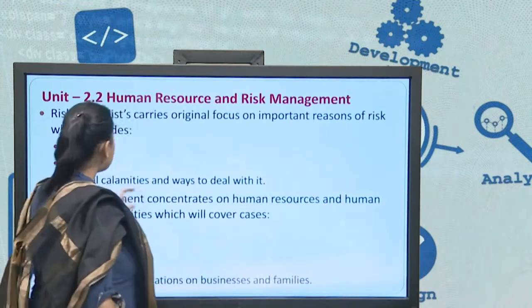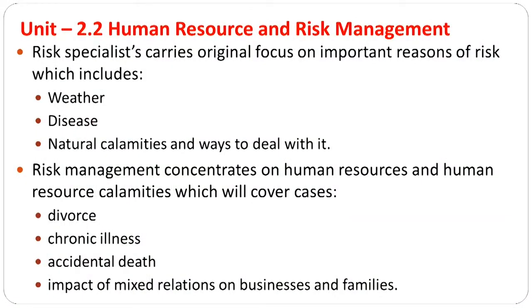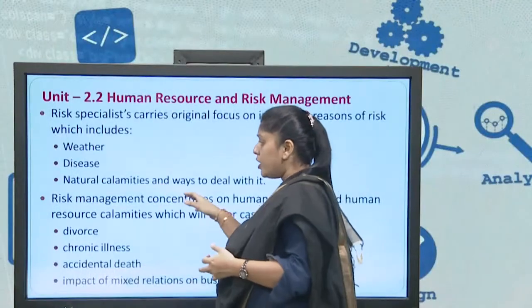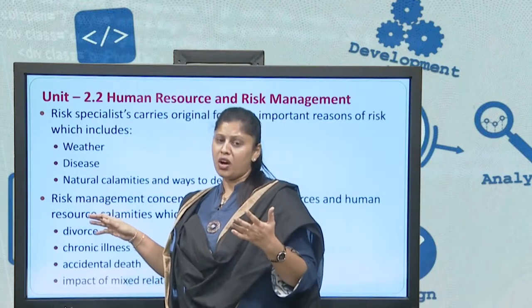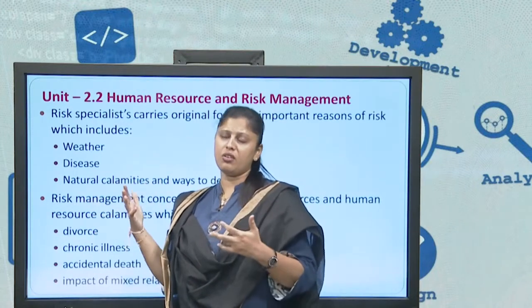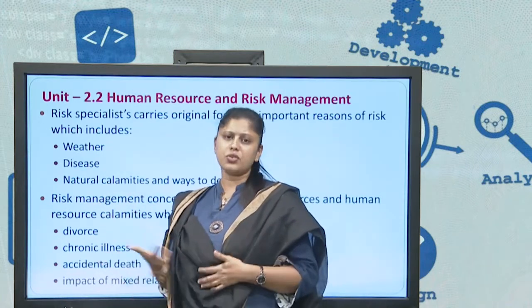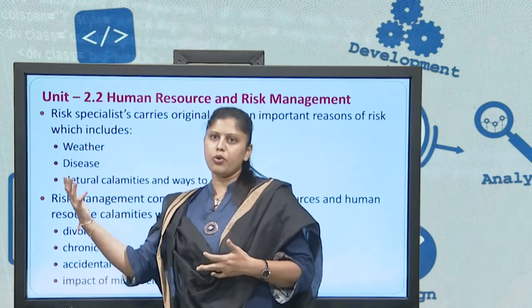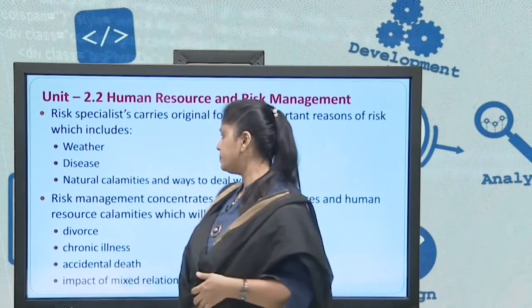Now, if you check this, weather, disease, natural calamities, human resource cannot actually take care of weather, or take care of disease, or stop natural calamities. But yes, to avoid the effects of those natural calamities, they can work on that. Weather conditions, maybe they can work on, like if it is forecasted that rain is going to be very heavy, then they have to take care that the employee who is coming from far away is given to and fro taxi services.